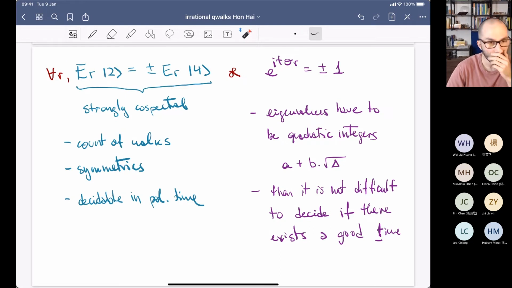Okay. There are still a couple of questions, a couple of details we don't really understand, but in terms of global questions of generating examples and deciding whether or not a particular graph admits it, we're good to go. Okay, and then this condition has been defined as saying that the two vertices are strongly cospectral, and this has to do with counting walk symmetries, and it is a condition decided in polynomial time, even in exact arithmetic.